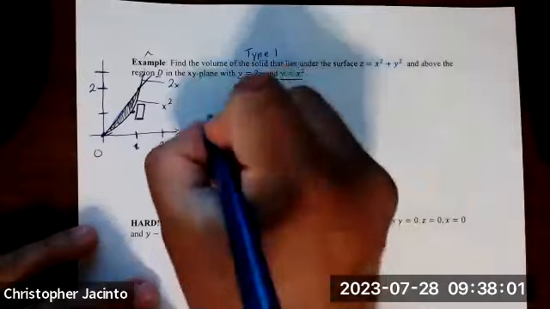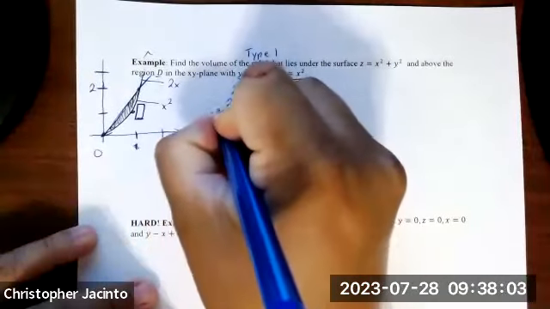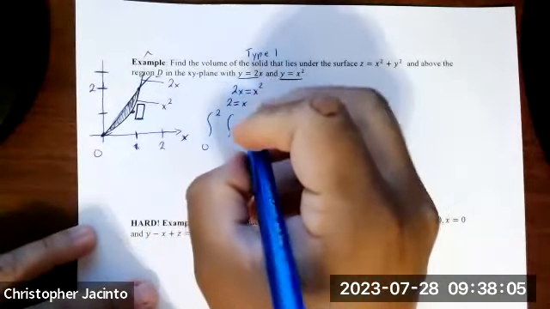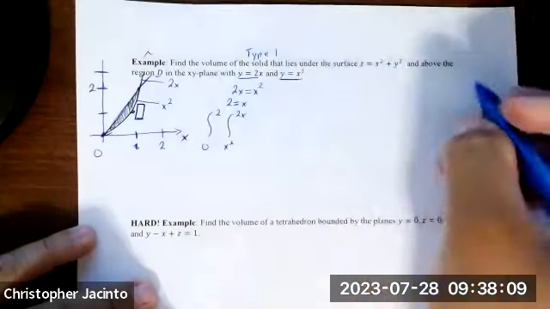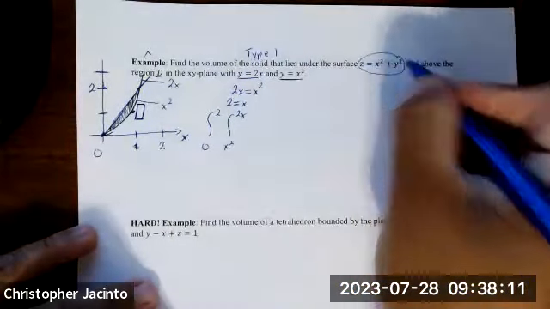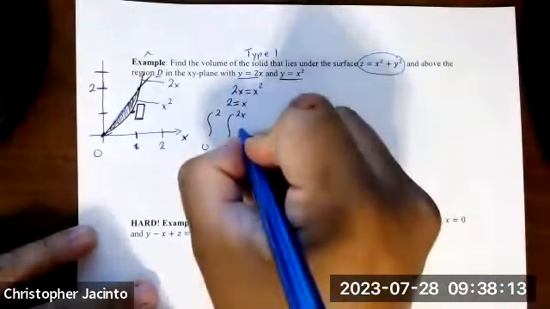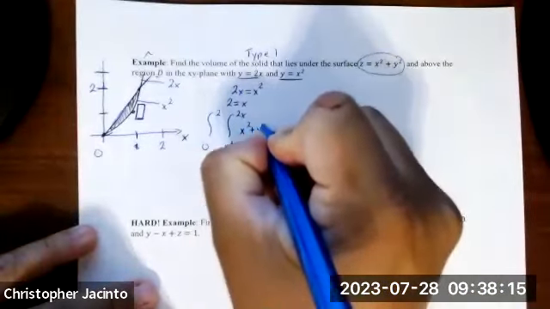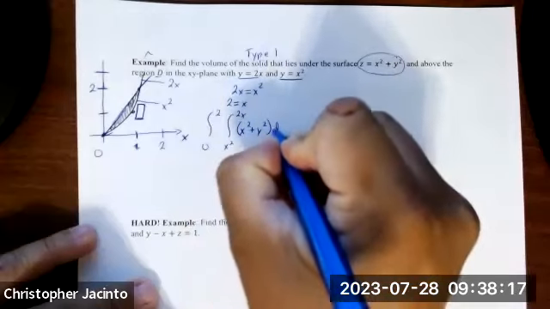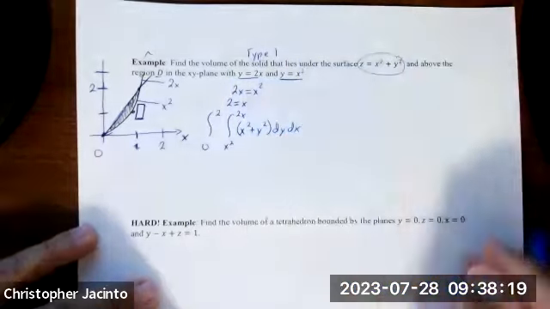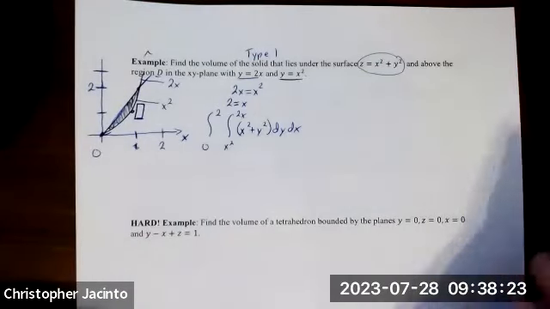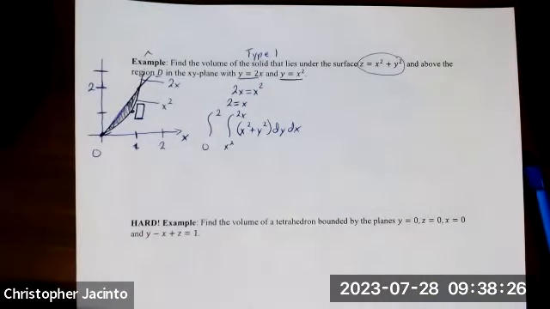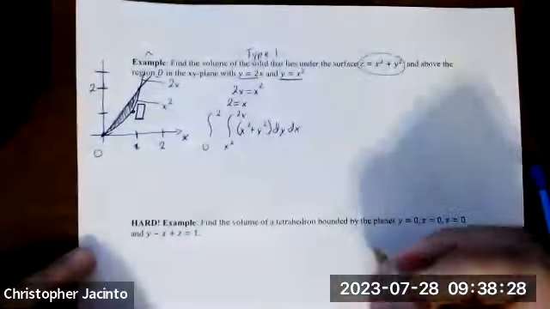So our integral is going to go from 0 to 2 and from x squared to 2x of our function, our surface, dy dx. Okay. All right.